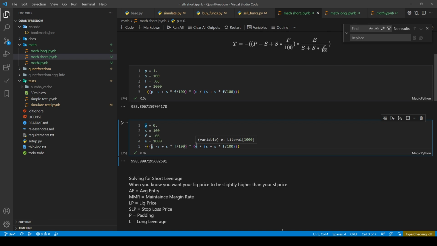S is the size, so we take out S. It's F times your average entry times (1 minus fee percent).